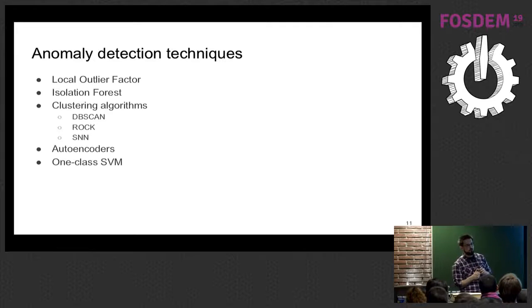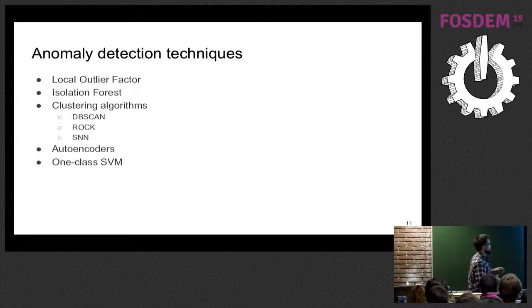The first two here are very popular outlier detection techniques. They are good because they're assigning an anomaly score to each of the classified objects and not just performing a binary classification. Also, they do not make any assumptions about distribution of the data, which is good in our case.